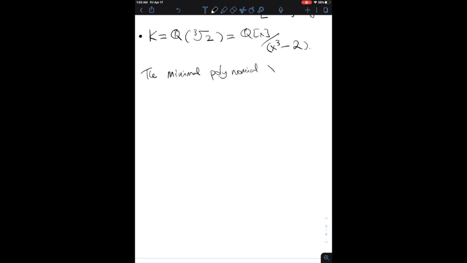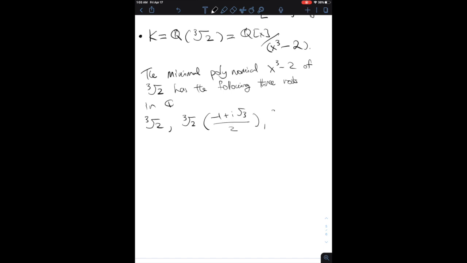Okay, so you can check that the minimal polynomial x cubed minus 2 of a cube root of 2 has the following three roots, two of which are complex numbers.